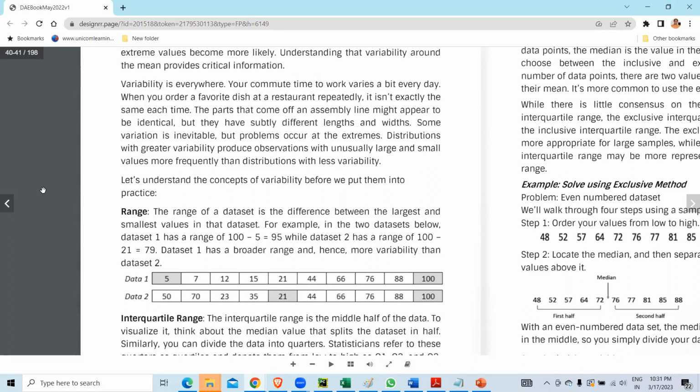So average is important, but average alone cannot tell you how good the data is. Obviously average is important, and so far we were talking only about average or median.